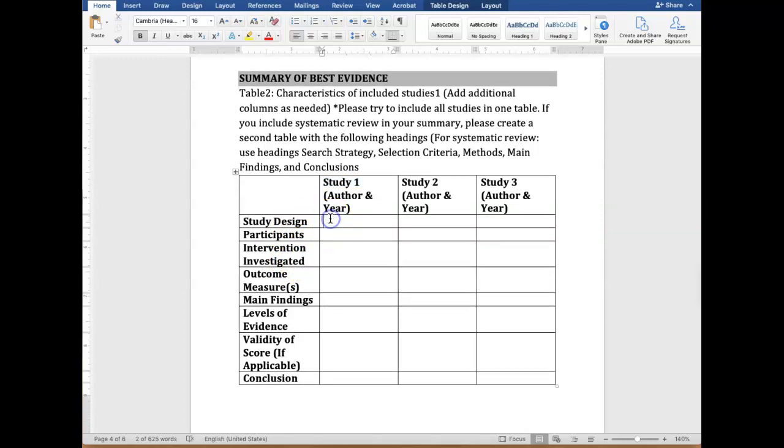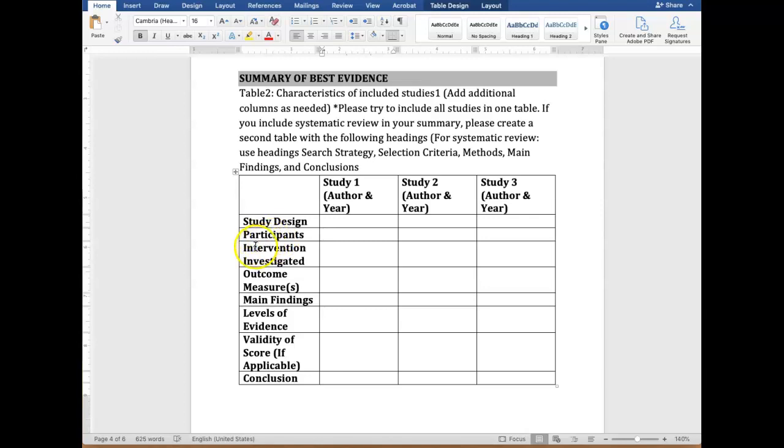So as you did in table 1, you're just going to list the study design for each of the research studies included, and then you're going to get specific about the types of participants in each of the study. This area should include the number of participants in each group. It should include the mean and standard deviation for age of participants in this group. So this is where we learn which kind of patients were actually included in the study.